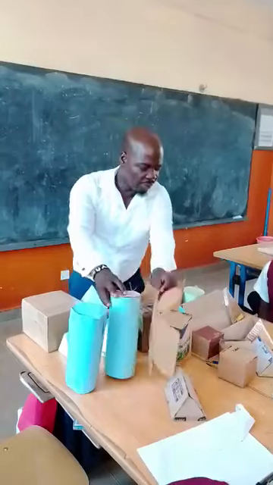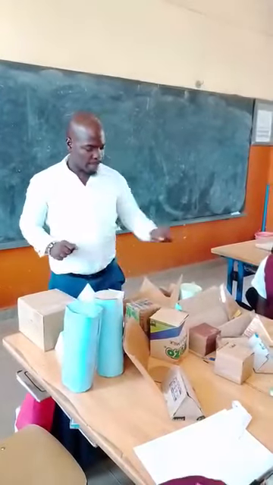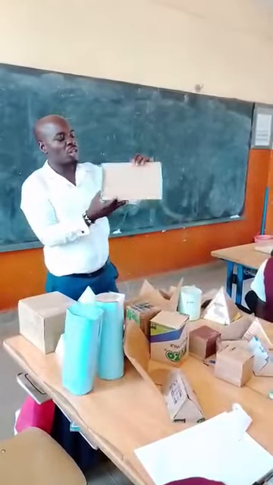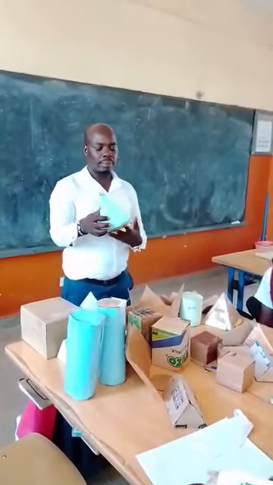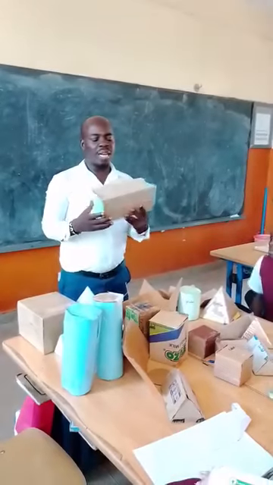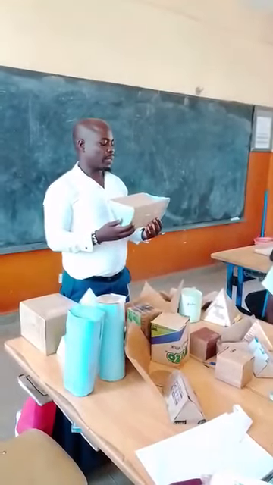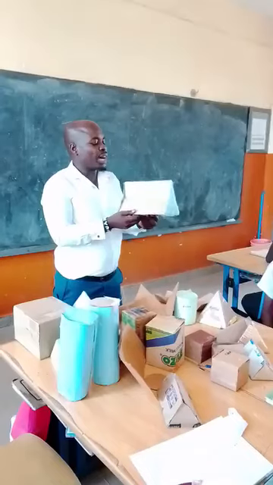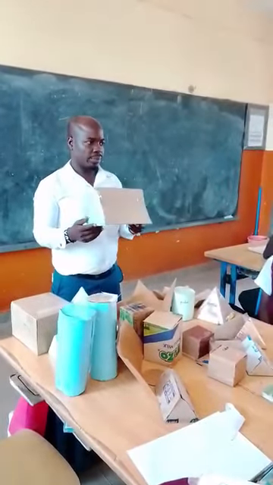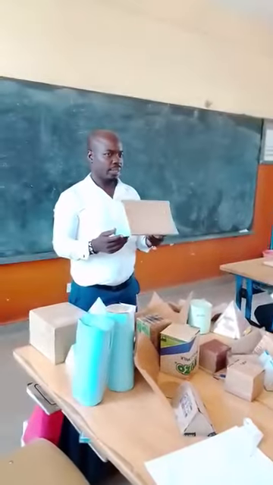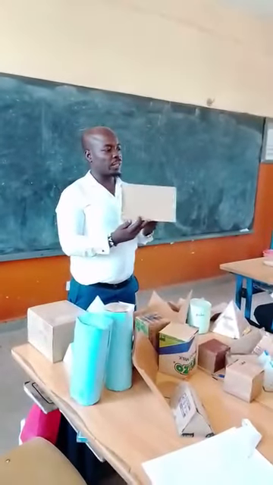Now, we have this one, how do you call this? Triangular prism. This is a triangular prism. Now, when we have a closed triangular prism, how many faces does it have? 5.